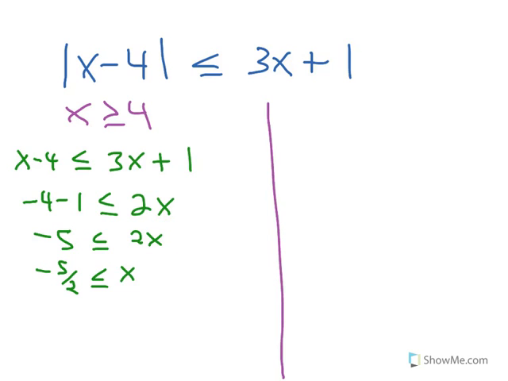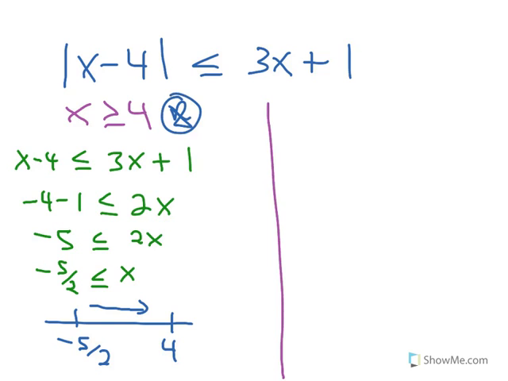If we think about this solution on a number line, here's negative 5 over 2. We're saying x has to be greater than this, but we're also saying x has to be greater than 4. Right? We said that from the beginning. This is why these criteria are so important. So our actual answer from this side is x is greater than 4.